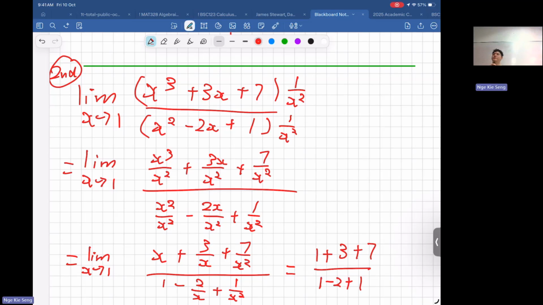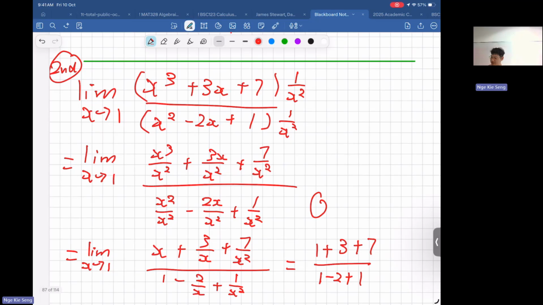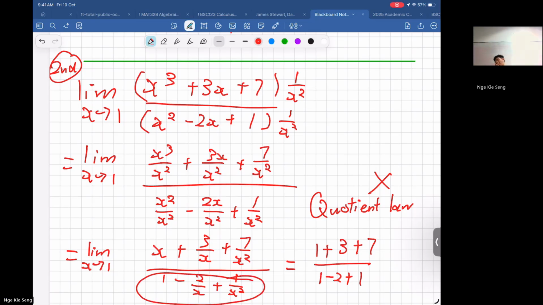Something divided by 0. Oh, it doesn't quite work also. Because everything exists, which rule doesn't work? The quotient law doesn't work. Why?